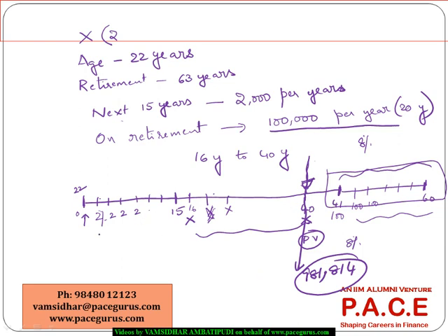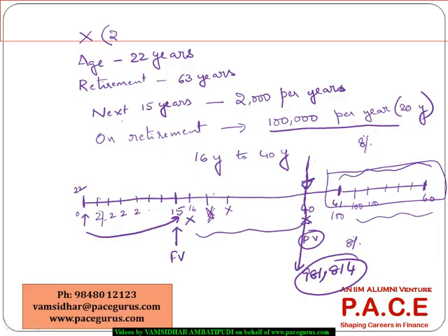Now, out of that, we have seen that for the next 15 years, 2,000 per year is going to be accumulated. So I can find out the future value of all these 2000s at the end of 15 years.